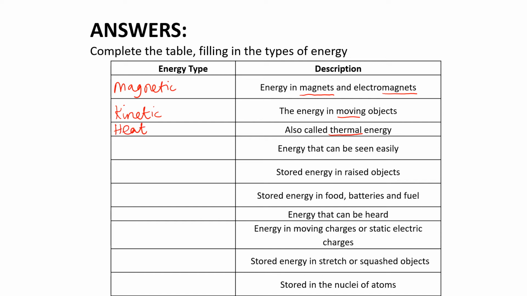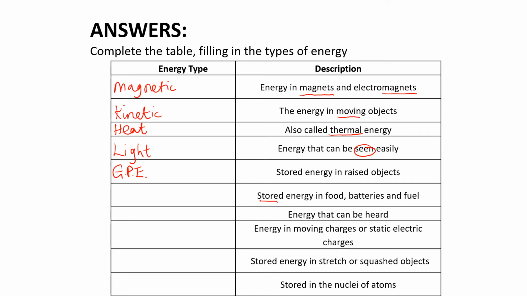Energy that can be seen easily. Well, what helps us be seen? It's light for that one. The stored energy in raised objects. Well, if I raise up a pen and then I let it go, it will drop because of gravity. So this one is gravitational potential energy, which I'm just going to write as GPE.